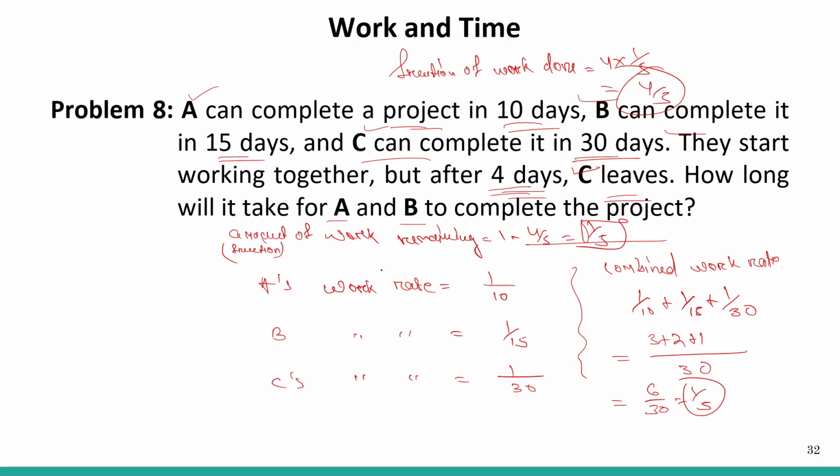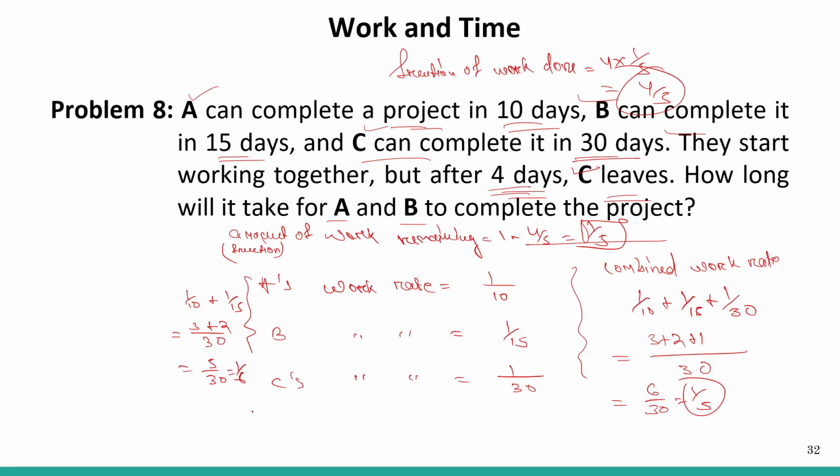Right now we need to calculate the combined work rate of A and B. So the combined work rate of A and B is 1 by 10 plus 1 by 15, right? So over 30, this will be 3 plus 2, which is 5 by 30, equal to 1 by 6.